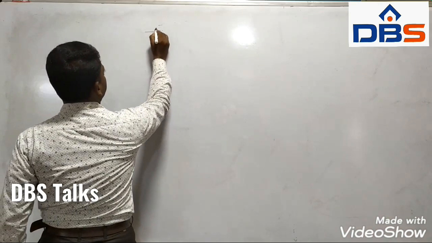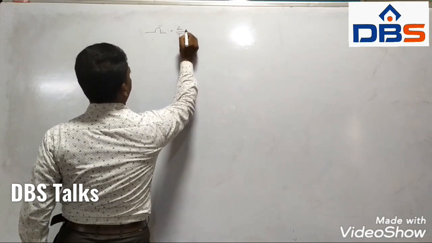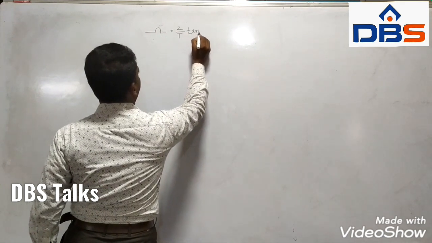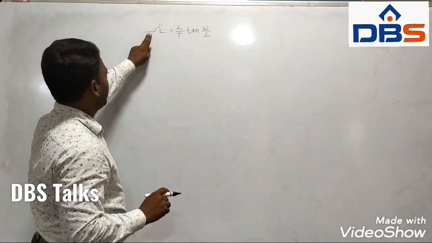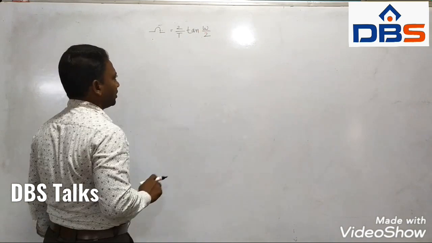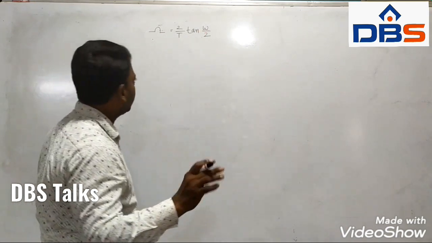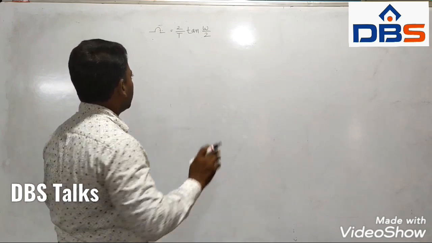Now we have the relation omega is equal to 2 by T tan omega by 2. So now this omega is the analog frequency and this omega is the digital frequency. Now we got the relation between analog frequency and digital frequency.